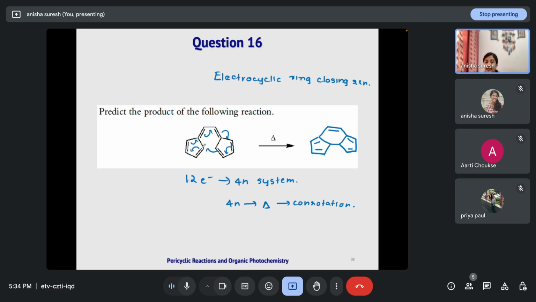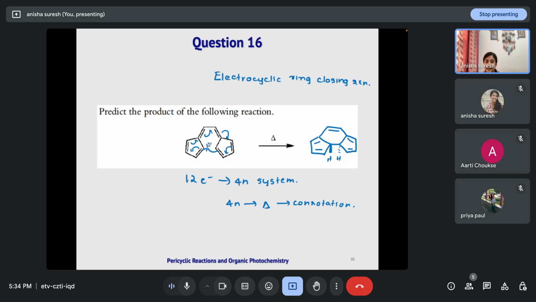Okay, then the hydrogen stereochemistry, so it will be coming trans, right? In conrotation the stereochemistry will be trans. If we are considering, one will be rotating in this direction, the other will rotate the opposite way. If one is going above, the other will be going down.